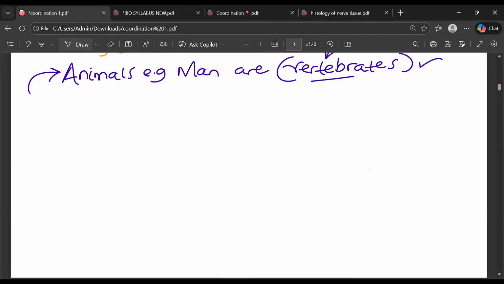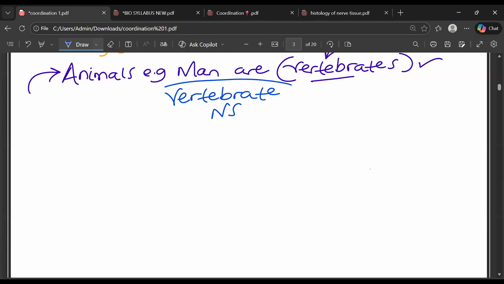Okay, now, if at all, you're having generally the nervous system of the vertebrates. So I would say the vertebrate nervous system.